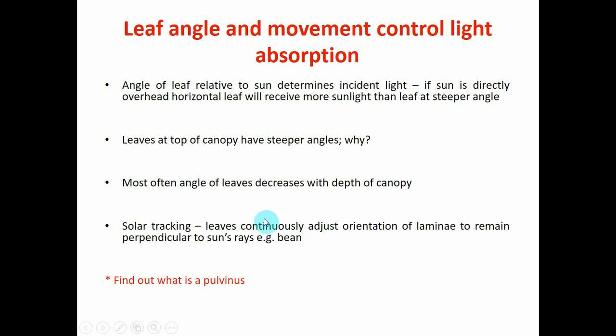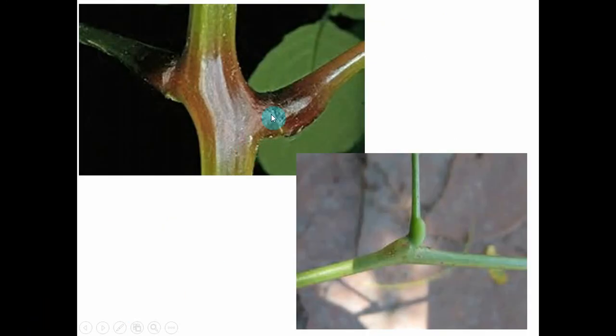So a pulvinus, this is a pulvinus over here, and this is what's going to change the angle of the leaves. It's going to change how the leaf moves, whether it's a high angle or low angle, and it's all controlled by water concentration. So the cells in there are controlled with water concentration, and as it becomes turgid or it decreases its water within the cell and becomes more flaccid, the angles will change.